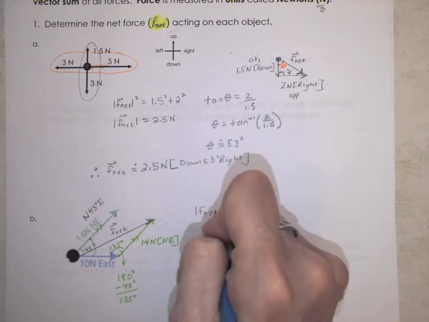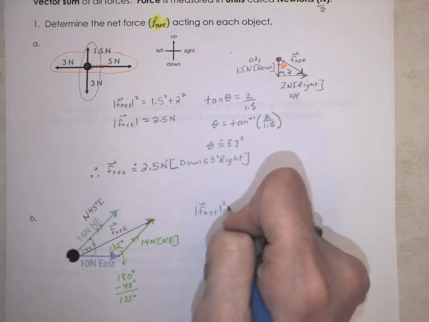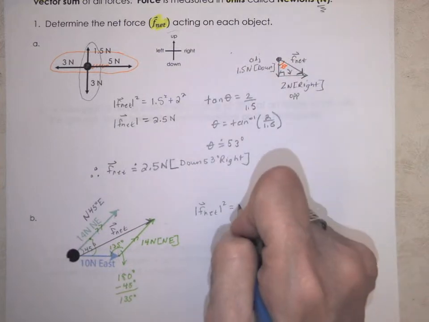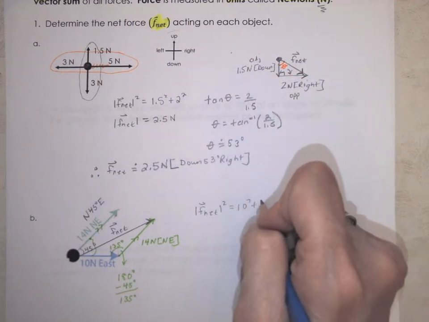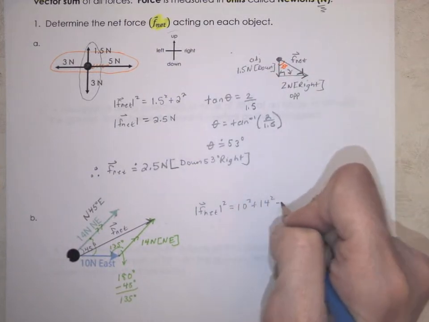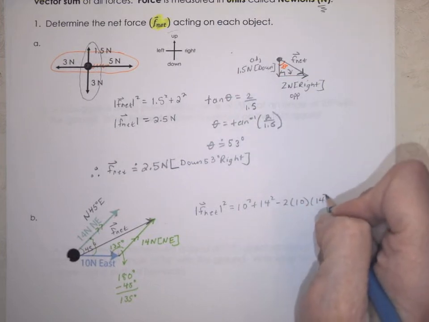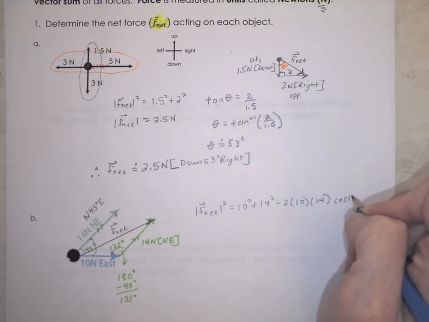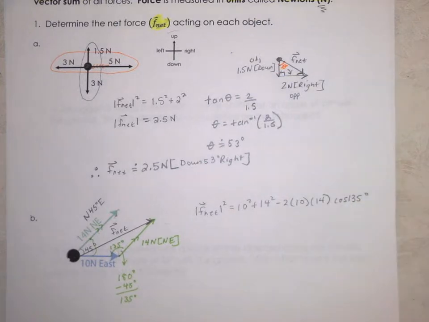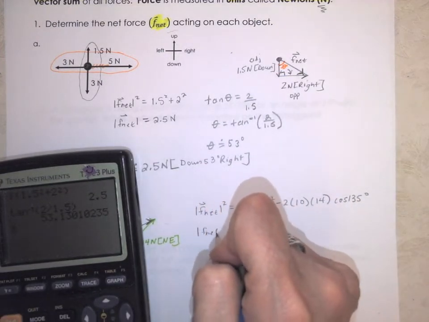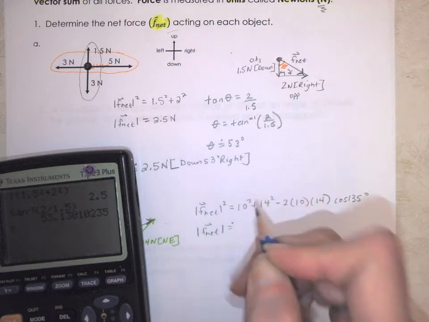So the magnitude of F net squared, according to the cosine law, is equal to 10 squared plus 14 squared minus 2 times 10 times 14 times the cosine of 135 degrees. And then we can find F net on our calculator.